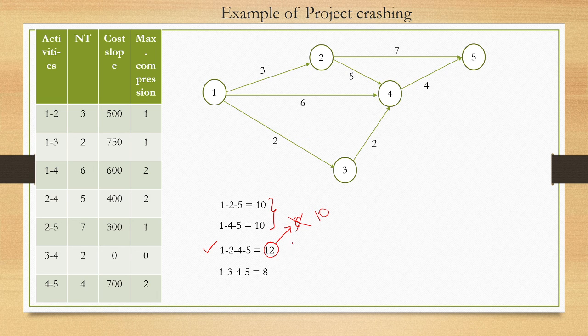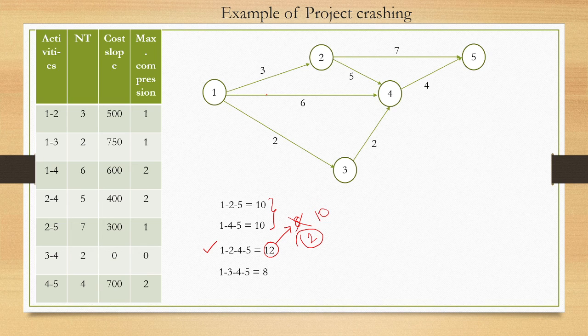So we found out that we need to reduce 2 days. We found this from this path. But out of these critical activities, which are 1 to 2, 2 to 4 and 4 to 5, which activity do you need to reduce? Let's see.